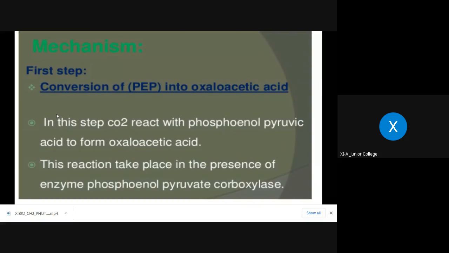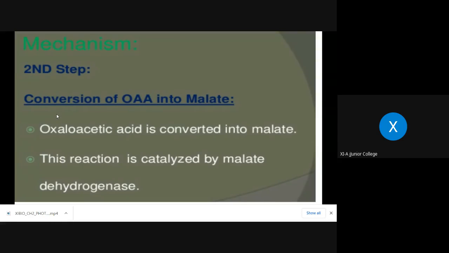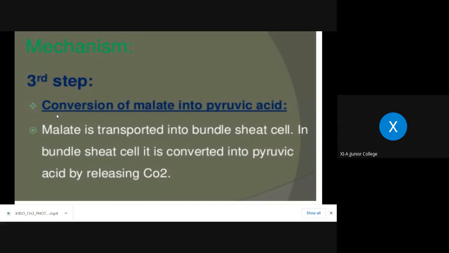Then malic acid is dehydrogenated and transported to the bundle sheath cells, where it converts into pyruvic acid with the release of CO2, and this CO2 is accepted by RuBP to continue the C3 pathway.